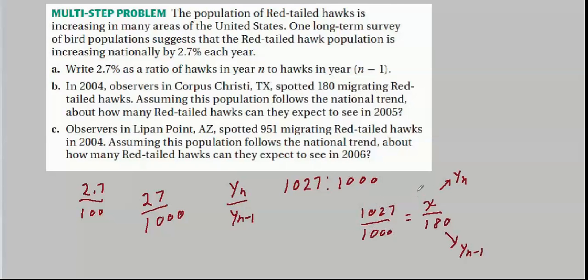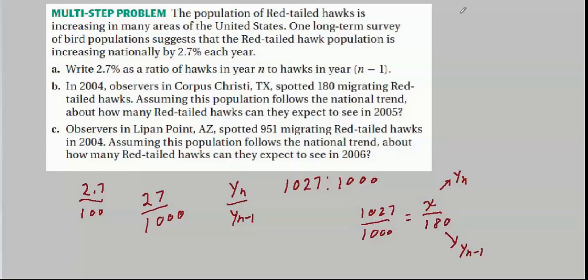And that ratio has to be the same. Here's the number of birds year n, and here's the number of birds the previous year. And again, we apply our means: product of the means equals the product of the extremes.